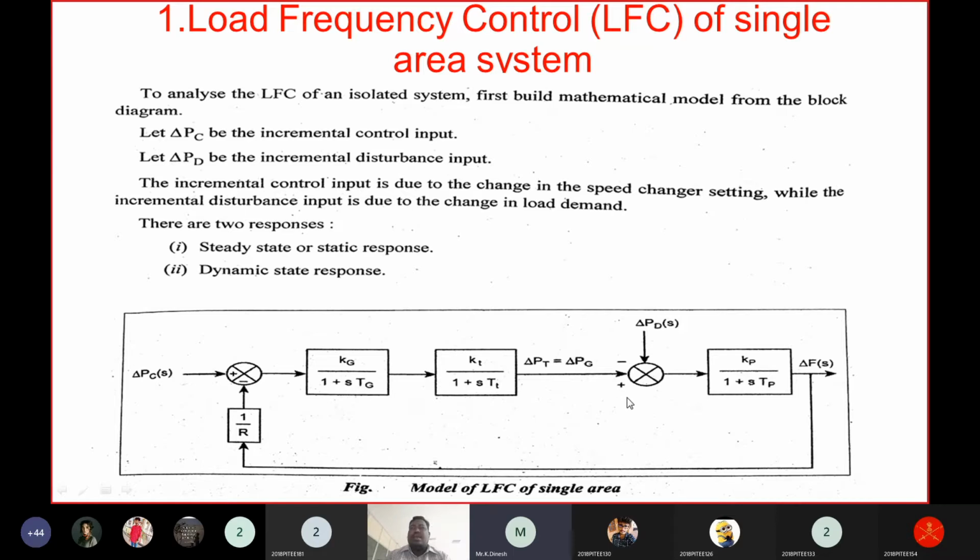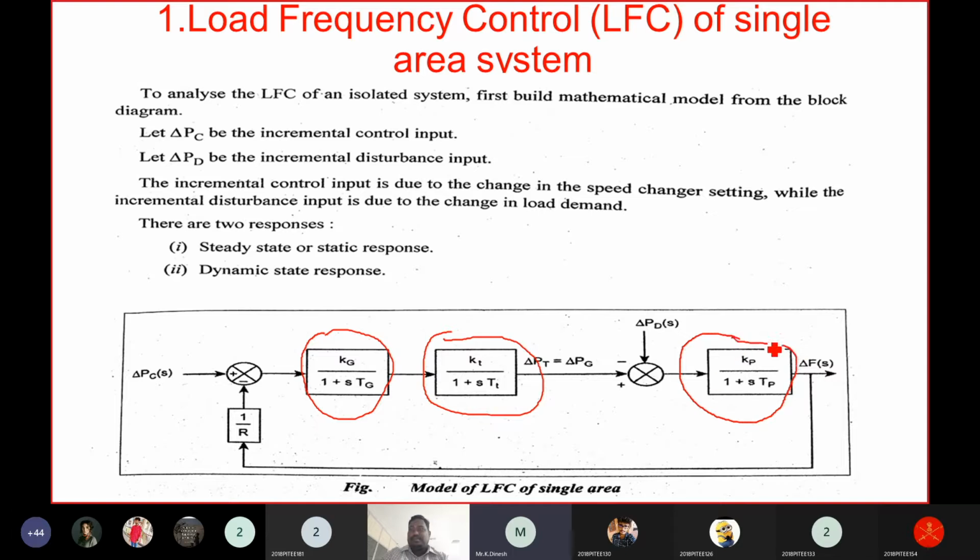For the control system model, we are going to perform single area system and two area system. This is the first topic in unit number 2. I treat all the components as control system blocks. This is one block, this is another block, and this is another block.